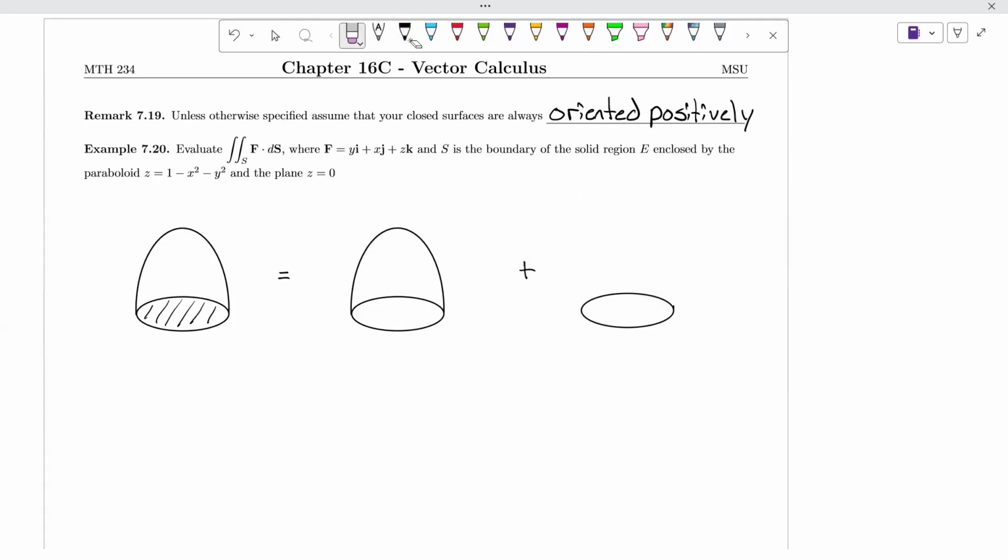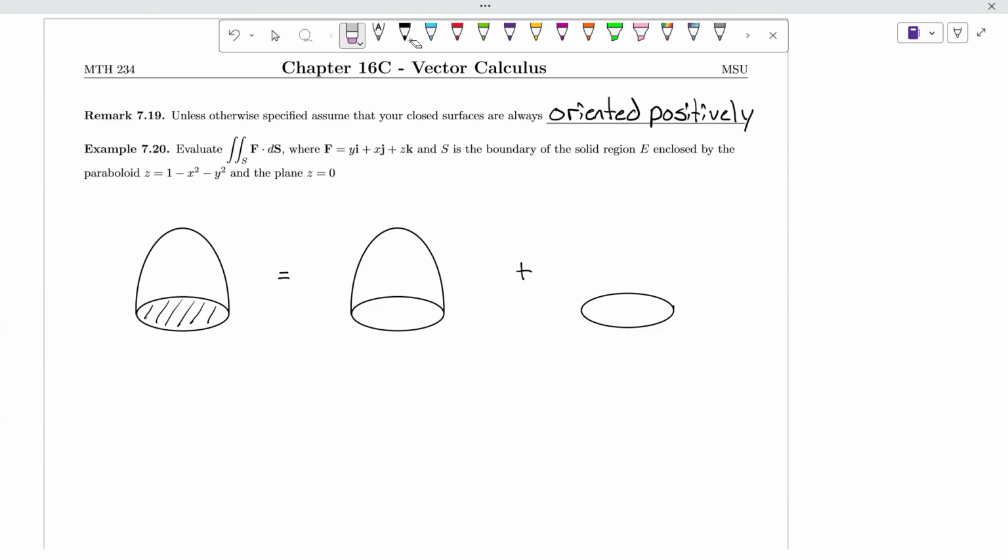I've taken my closed surface, which is the region enclosed by the paraboloid and the plane z equals 0, and split it up into 2 surfaces, because the way that my surface was described to me, it was given by 2 surfaces anyway. So in order to solve this thing, I need to look at the outward flux across 2 different surfaces.